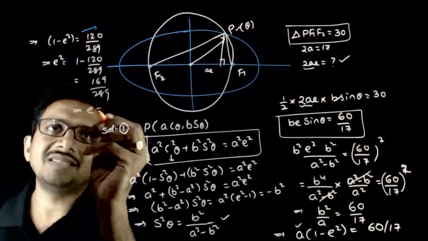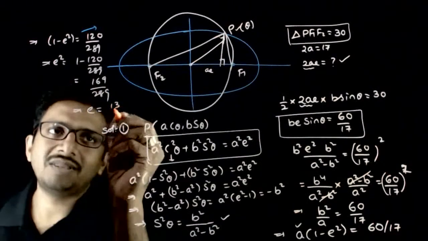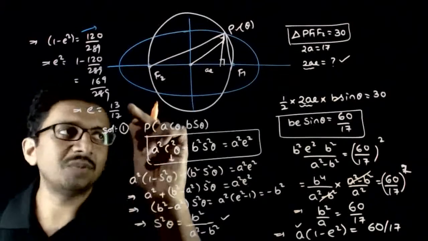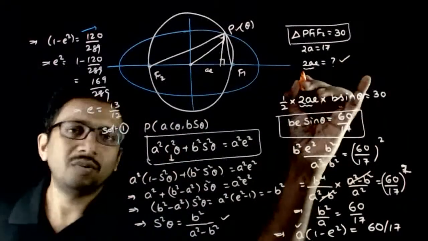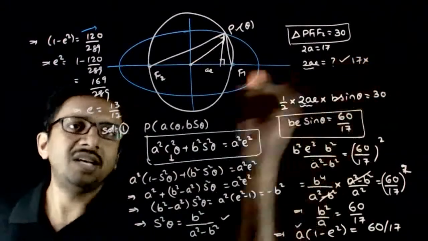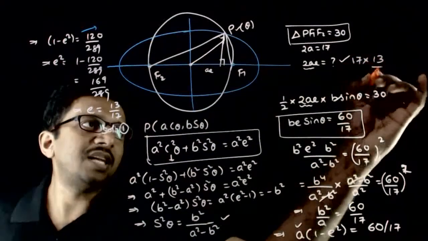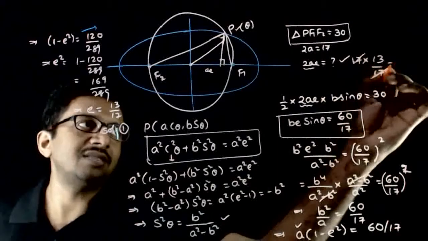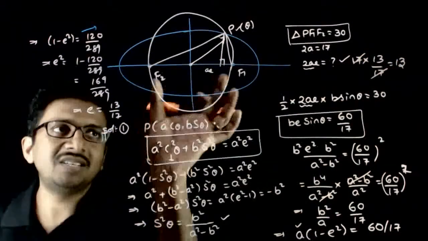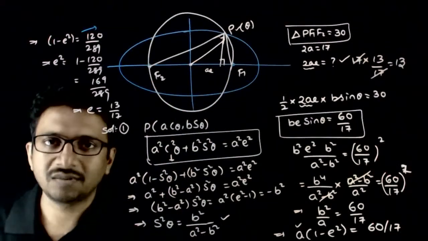So E is equal to the square root of this, which is 13 by 17. Now you got the value of E, you substitute this E here. So the distance between the foci is 2AE, 2A is 17 into E is 13 by 17. So these two get cancelled and the value of 2AE is 13. That means the distance between the foci is 13 units. Thank you.